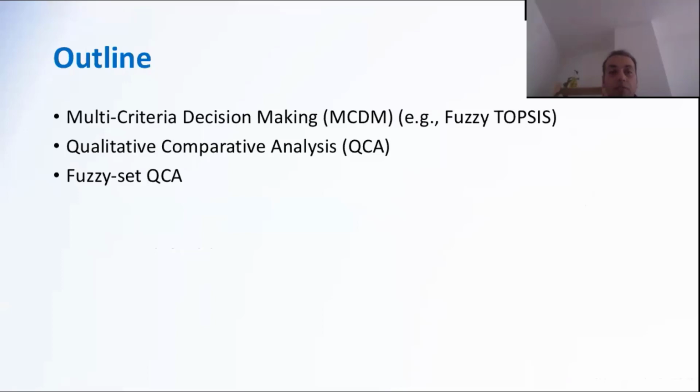So I'm going to talk a little bit about one example of MCDM, which is fuzzy TOPSIS, and then explain QCA and fuzzy set QCA.